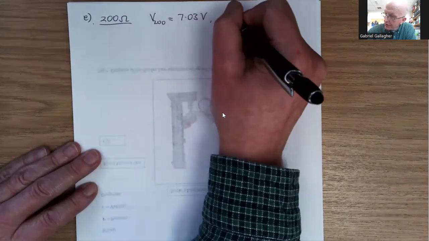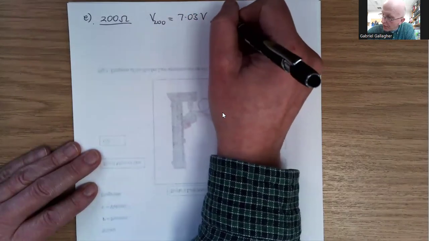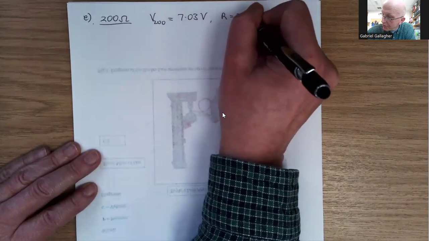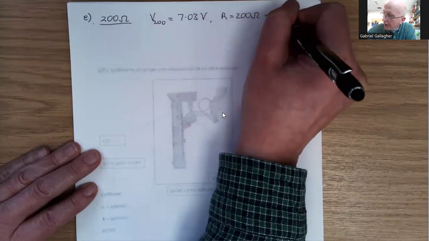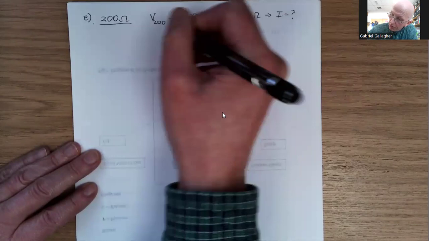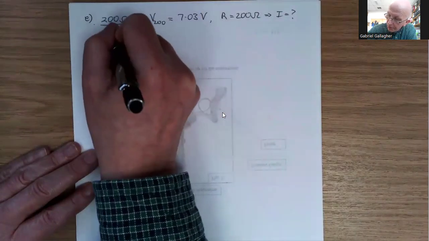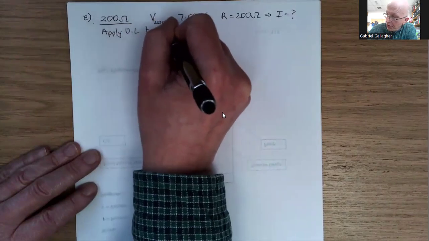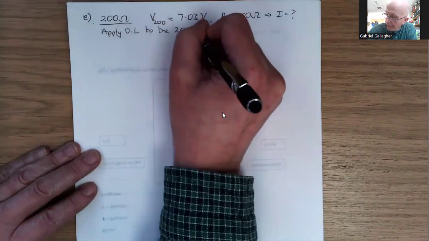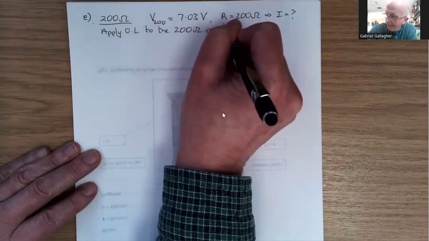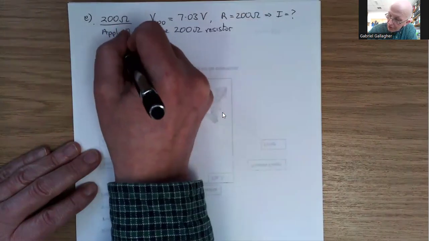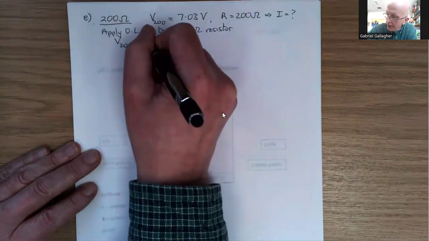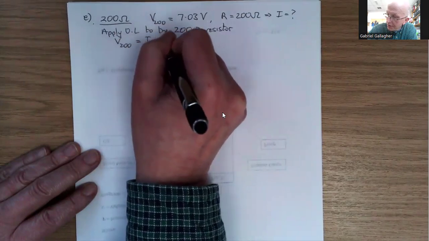And we know the resistance is going to be 200 ohms. Therefore, I equals what? Well, apply Ohm's law. 200 ohm resistor. V200 equals I200 times R200.